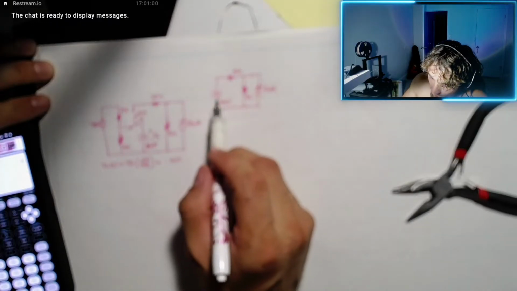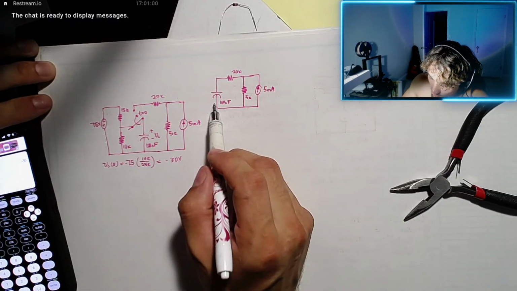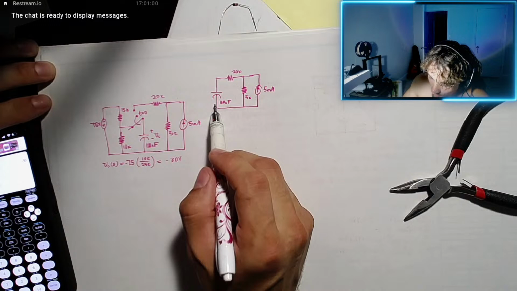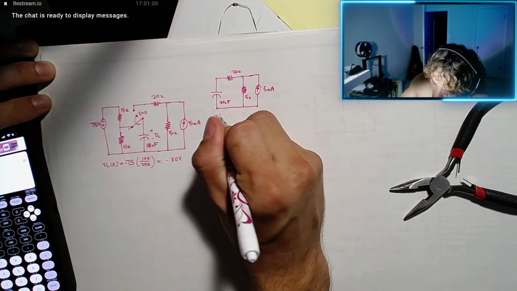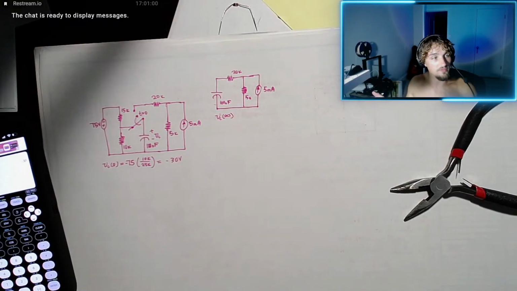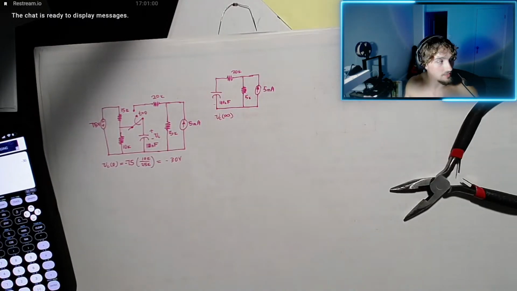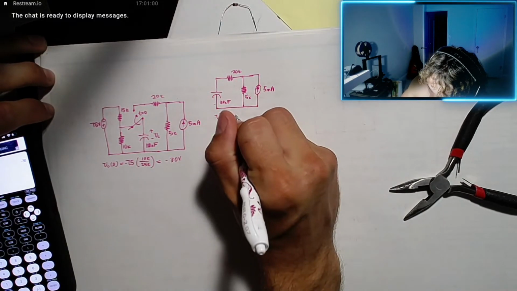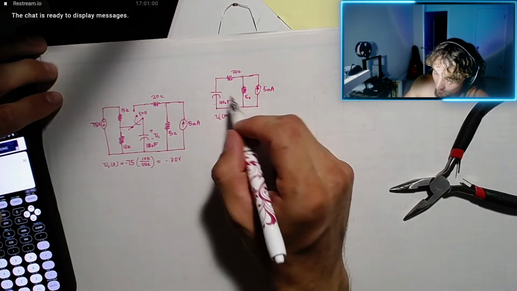Okay, so now after a long time, if this is an open circuit, what is the voltage across the capacitor as t approaches infinity? It's going to level out, it doesn't increase forever.